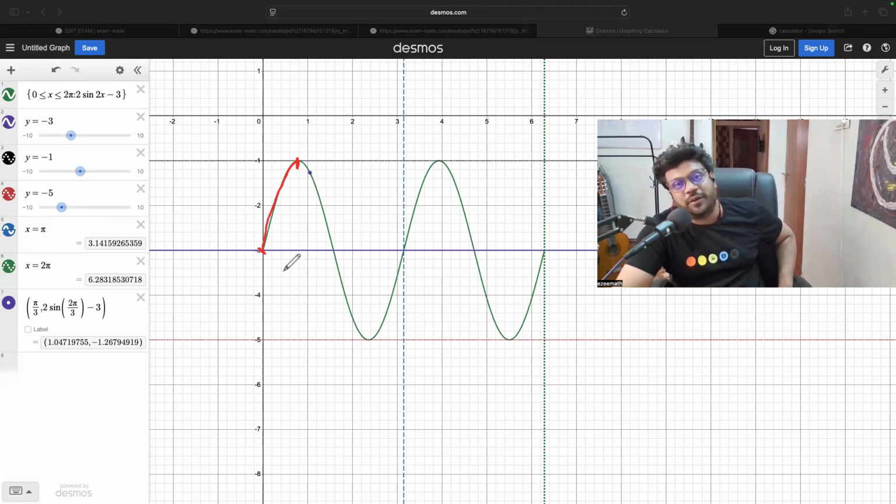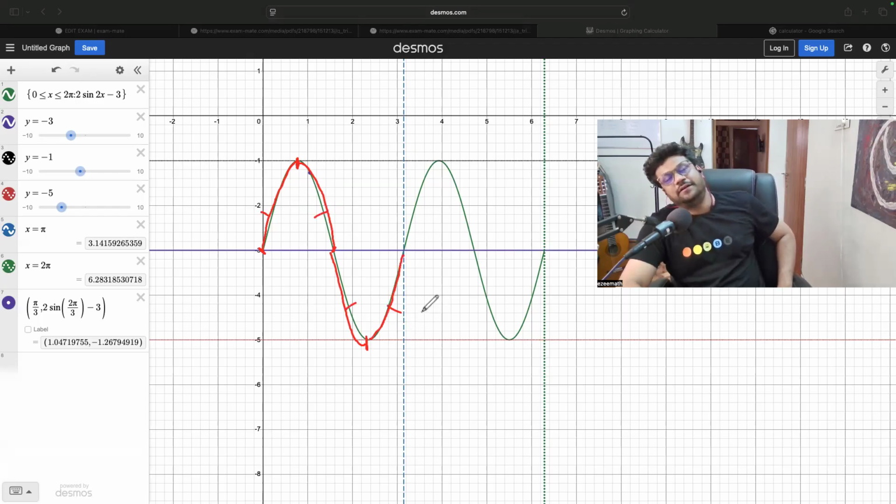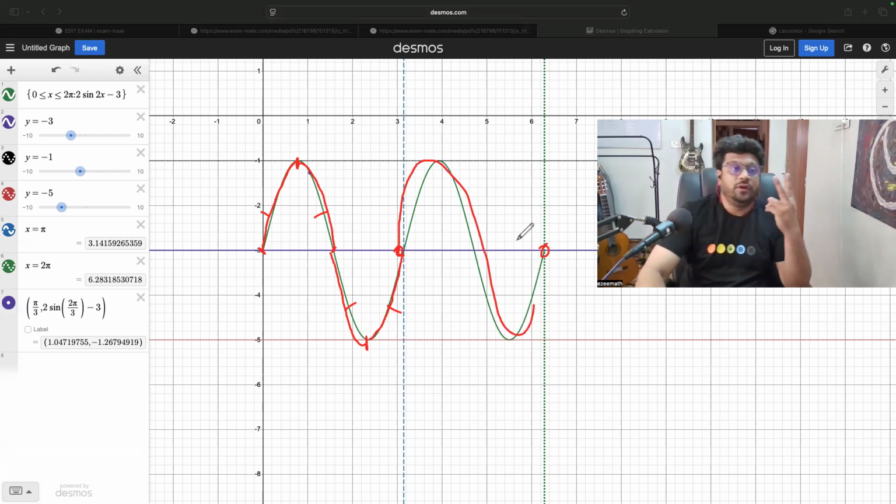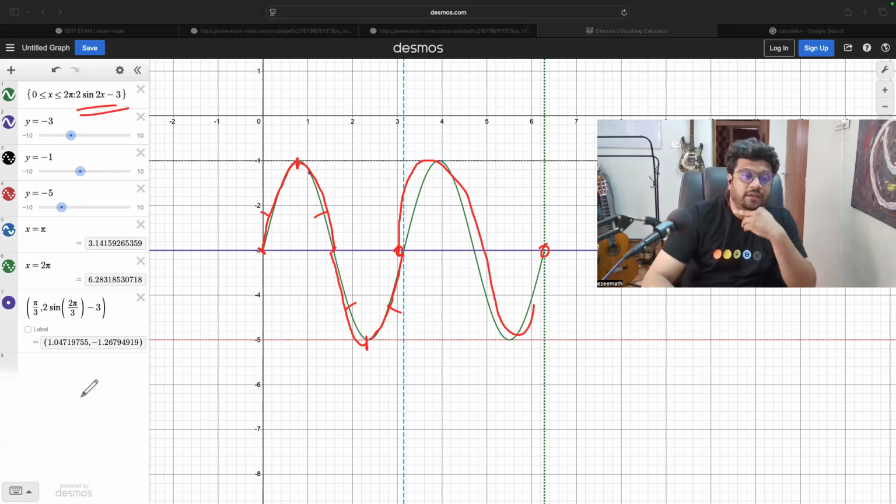That's 1/4 of a wave. From this part to that, another quarter. This part to there, third quarter, and that's the fourth quarter, one complete wave. These are little parts of the whole wave. And of course, from pi to 2 pi, you have another whole wave out there. There are going to be two waves drawn for 2 sine of 2x minus 3.